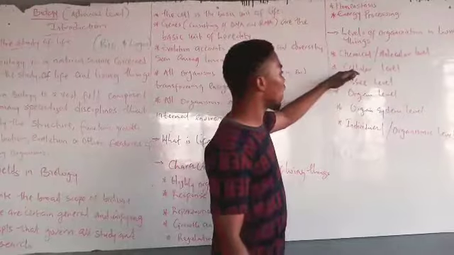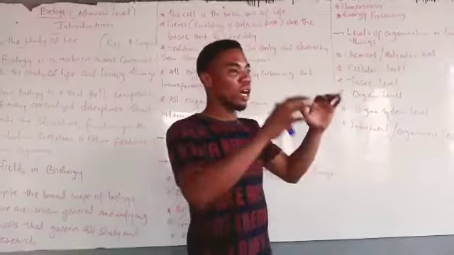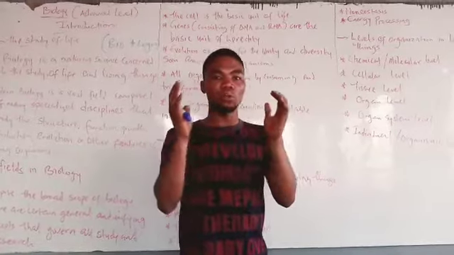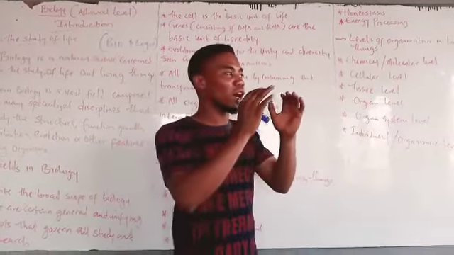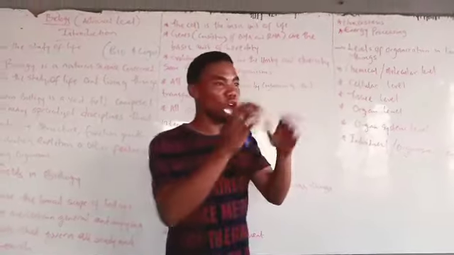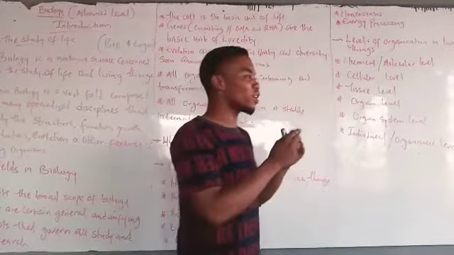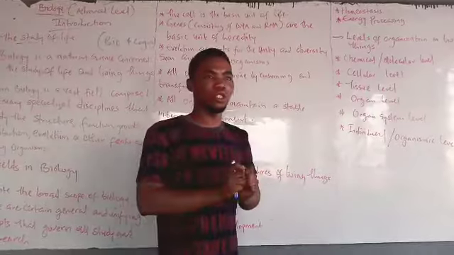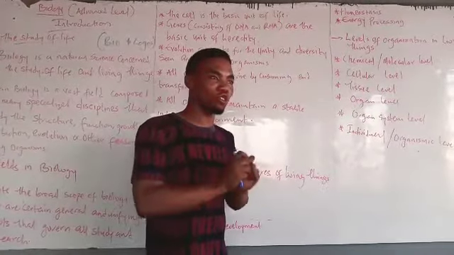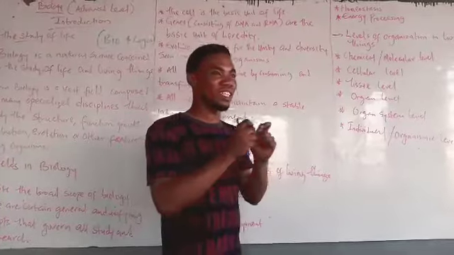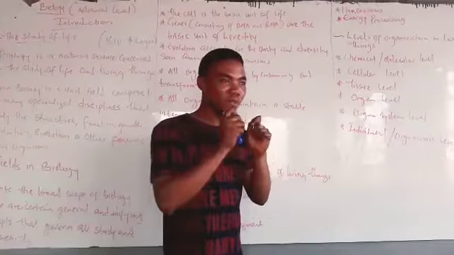Then the cellular level. When these molecules combine, they form essential materials that are needed to make a cell function. And then we come to the cellular level, which is referred to as the basic structural and functional unit of life. That is, a cell on its own is capable of carrying out a variety of functions.